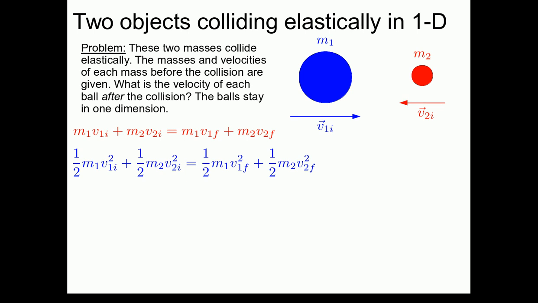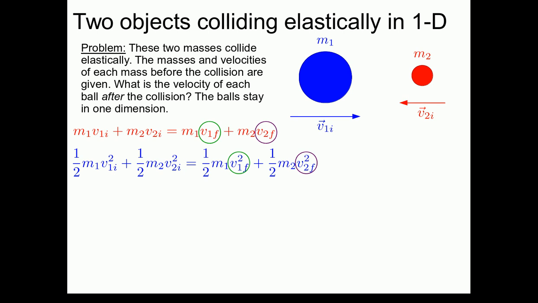So now we've got these two equations for this collision. The top one is based upon conservation of momentum, and the bottom one is based upon conservation of kinetic energy. We also have two unknowns: the final velocity of m1, v1f, and the final velocity of m2, v2f.